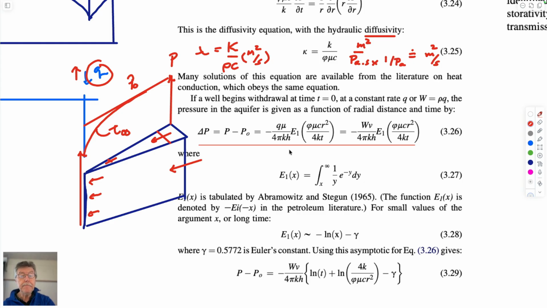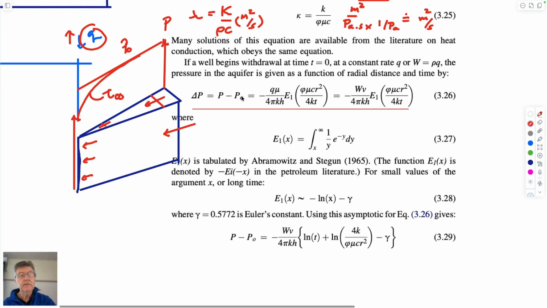And what you can see is if you write this out in an alternate form, which I'll try and do down here, you could write delta P, and if you divide these components on the right-hand side into, let's see, this is volumetric flow rate, this is viscosity, this is 4 pi, you don't need the 4 pi but I'll put it in, K H. H is the height of the reservoir in this particular case.